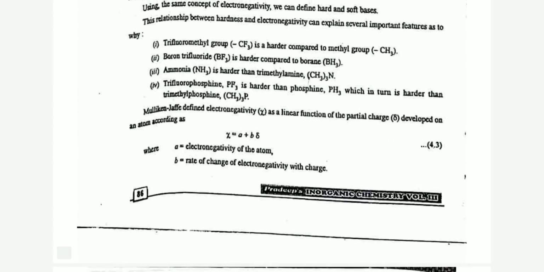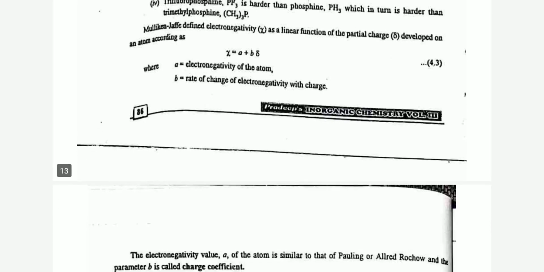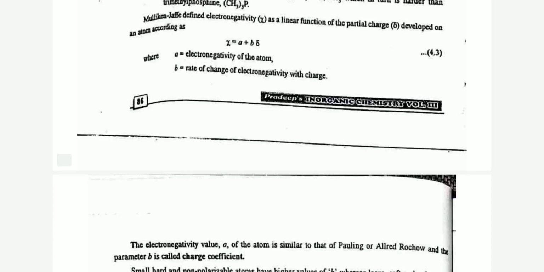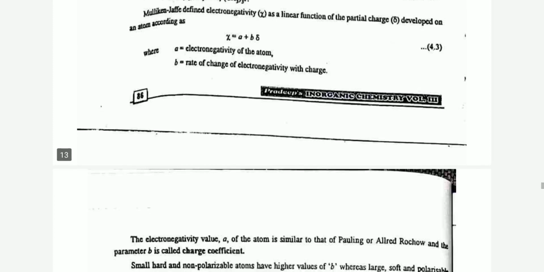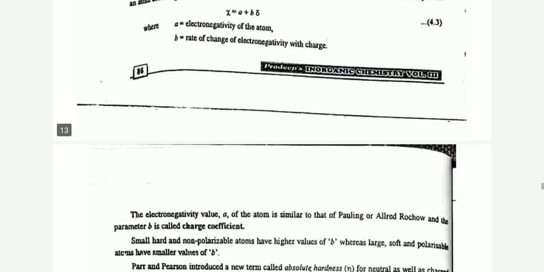Mulliken-Jaffé defined electronegativity psi as a linear function of the partial charge delta developed on an atom, according to psi equals A plus B delta, where A is the electronegativity of the atom and B is the rate of change of electronegativity with charge.